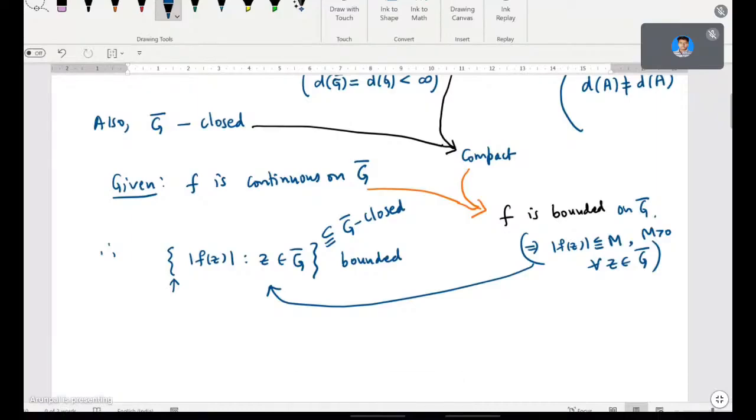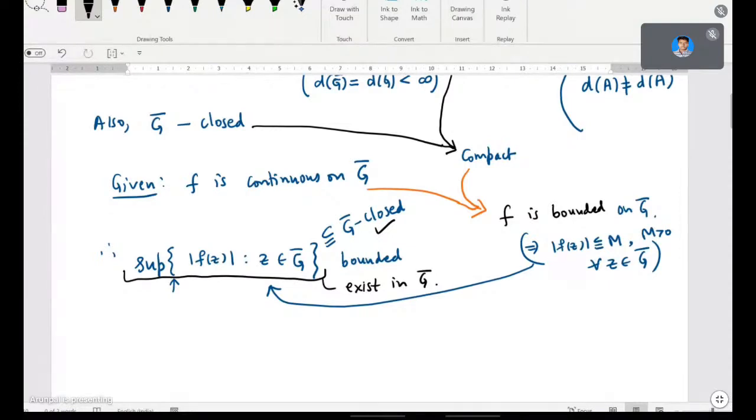A bounded set means you can talk of its infimum and supremum. So the supremum of this set will exist, and moreover, that will exist in G bar because G bar is closed.